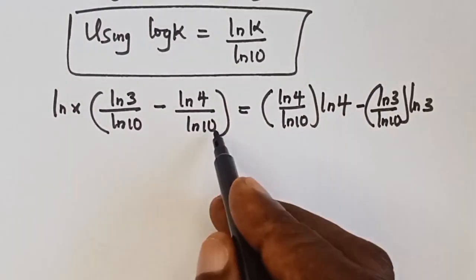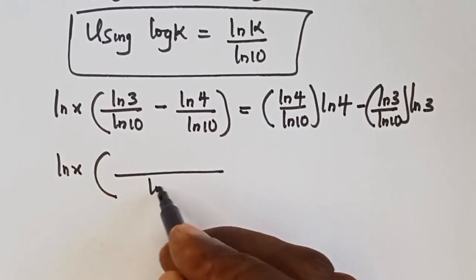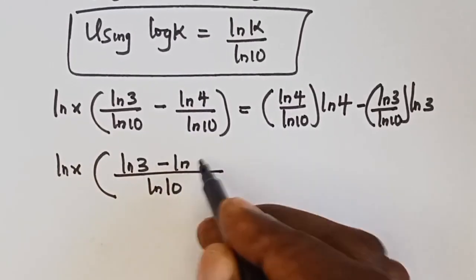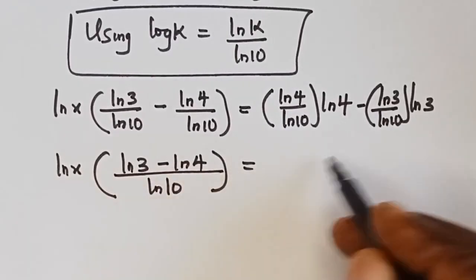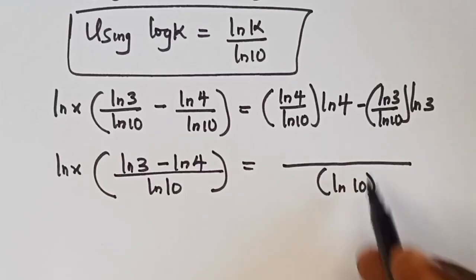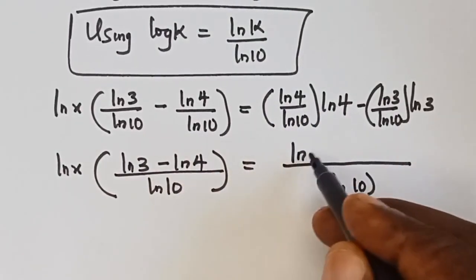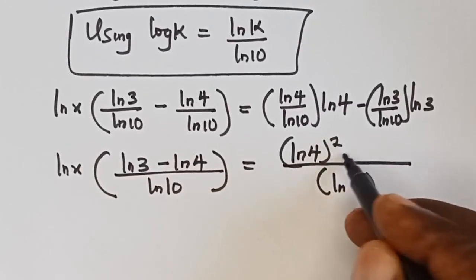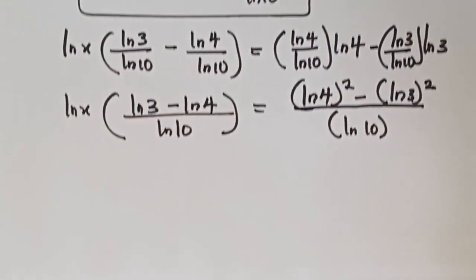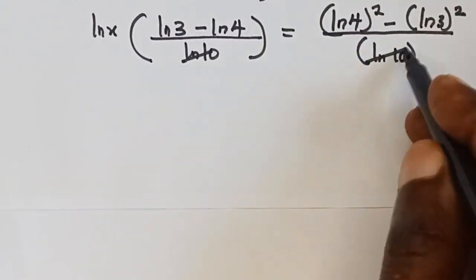Okay, right, so now we find the LCM. The LCM of this is going to be ln 10, and then we have ln 3 minus ln 4. Also here we find the LCM is also ln 10, and then we have ln 4 in two places, and that will give ln 4 squared, minus ln 3 squared. The ln 10 here, we cancel the ln 10 here.